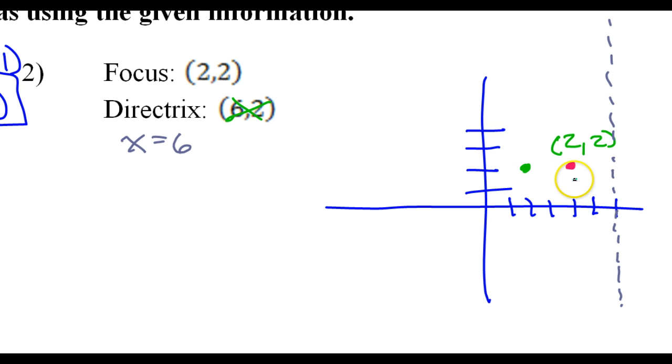So here's my vertex right here at the point 4, 2. So the parabola is facing to the left in this case.